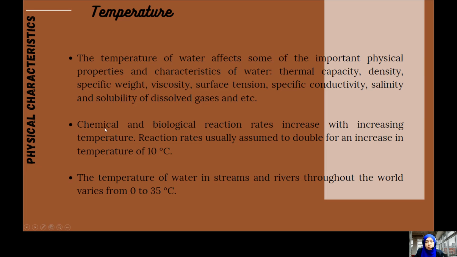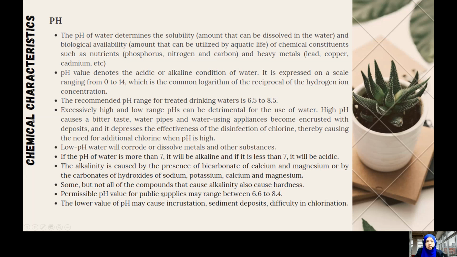Chemical and biological reaction rates increase with increasing temperature. Reaction rate is usually assumed to double for an increase in temperature of 10 degrees Celsius. The temperature of water in streams and rivers throughout the world varies from 0 to 35 degrees Celsius.